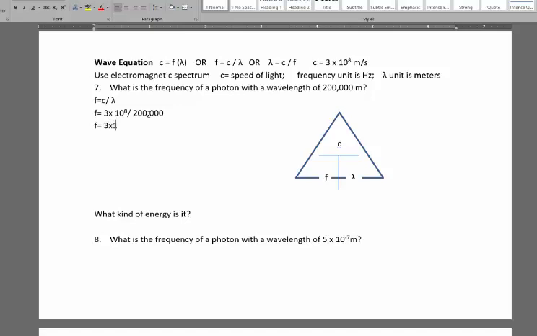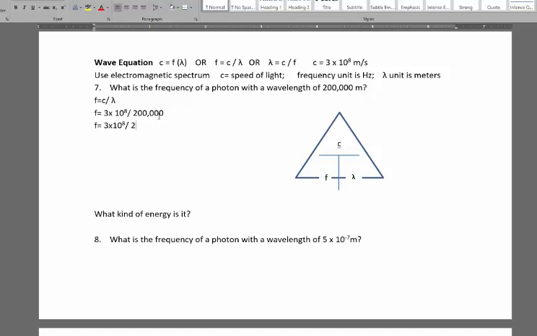So 3 times 10 to the 8th divided by 2, because you can never have more than 1 digit before the times 10 to the 8th or whatever your 10 exponent is. You can never have 2 numbers, so we can't do 20, we can only do 2. You can never do 0, so only 1 through 9 whenever you're doing scientific notation.